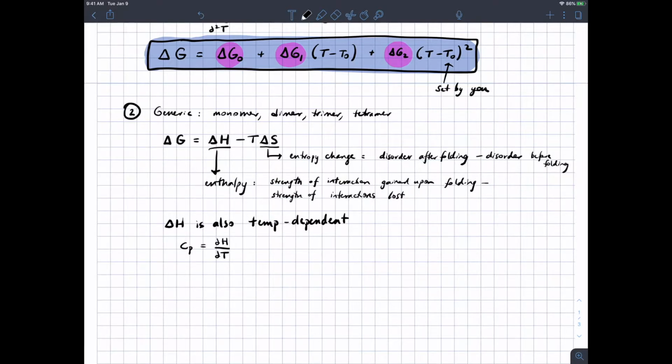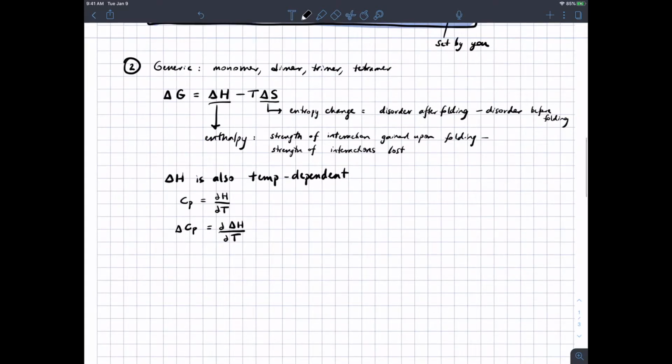And we can alter this equation and say delta Cp is the first derivative of delta H with respect to temperature. And if you want, you can rearrange this equation so that it says d delta H equals delta Cp dT.